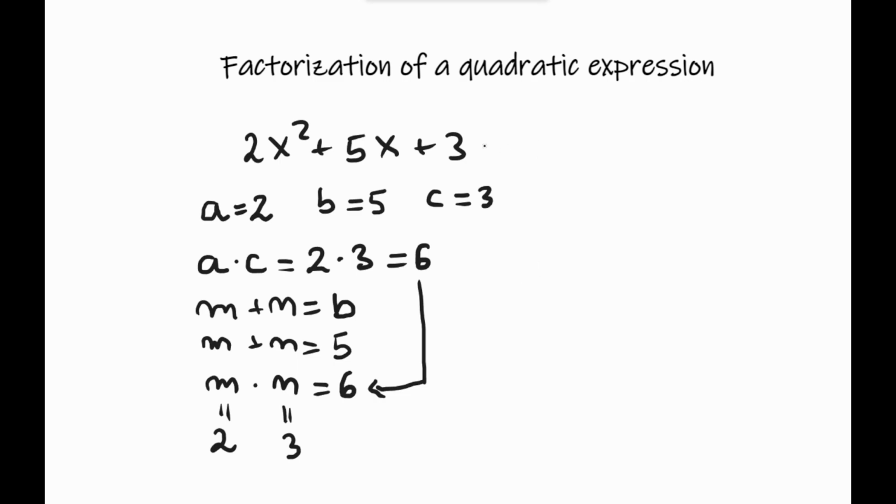Therefore, we will split, as we did in the previous method, the second term 5x into the sum 2x plus 3x.